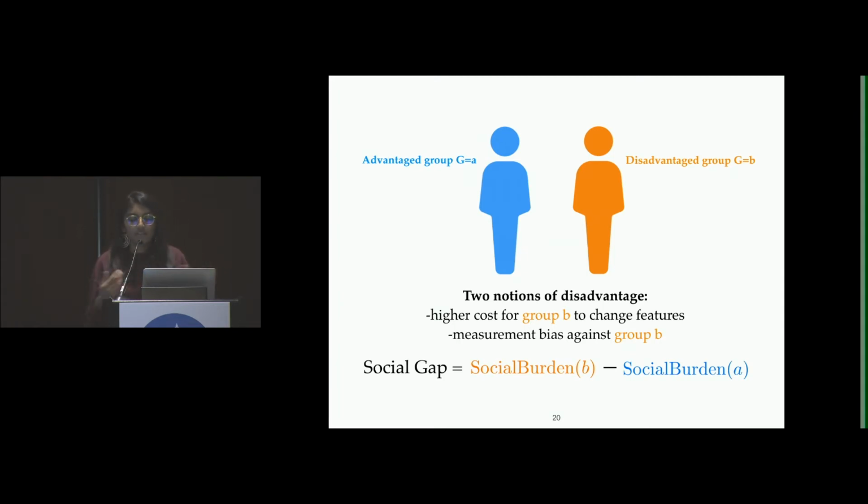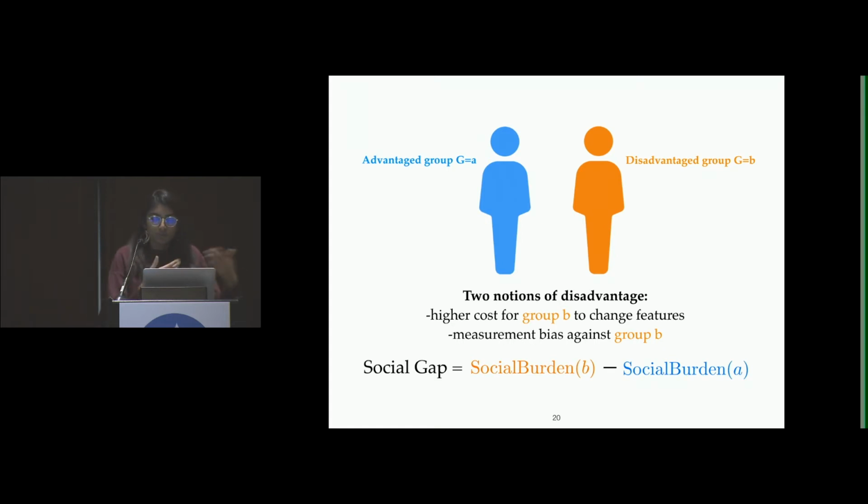In fact, on a FICO dataset, we show that Black individuals who repay their loans have lower FICO scores than white individuals who repay their loans. And so that condition captures a sort of measurement bias in the features or the score that you're using.